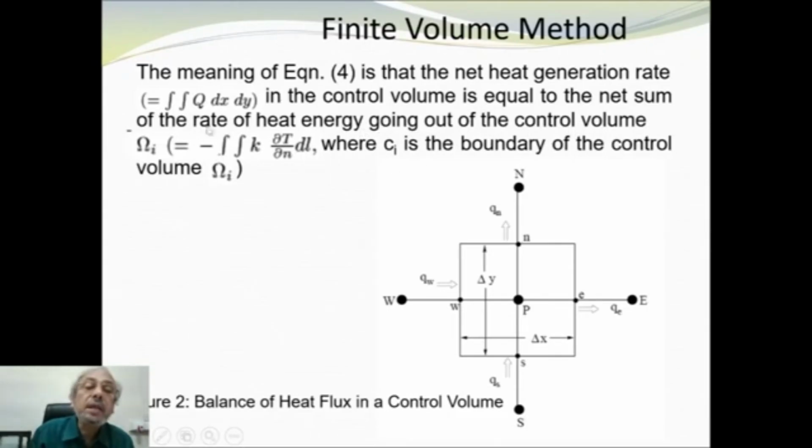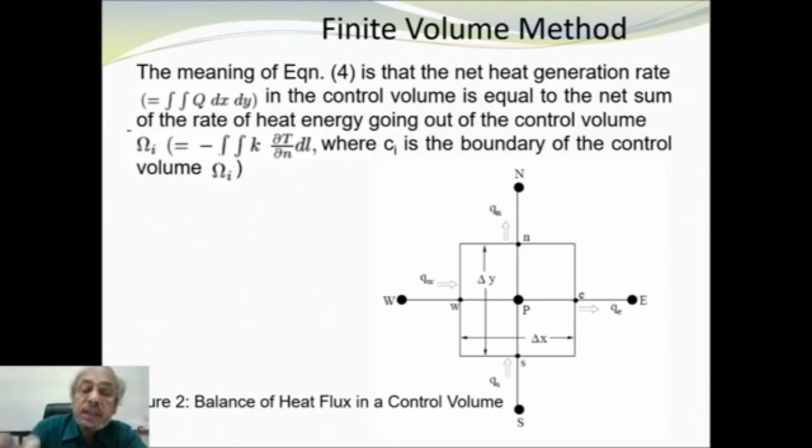So, you can see that integral of k del T del n dl, where C_i is the boundary of the control volume.